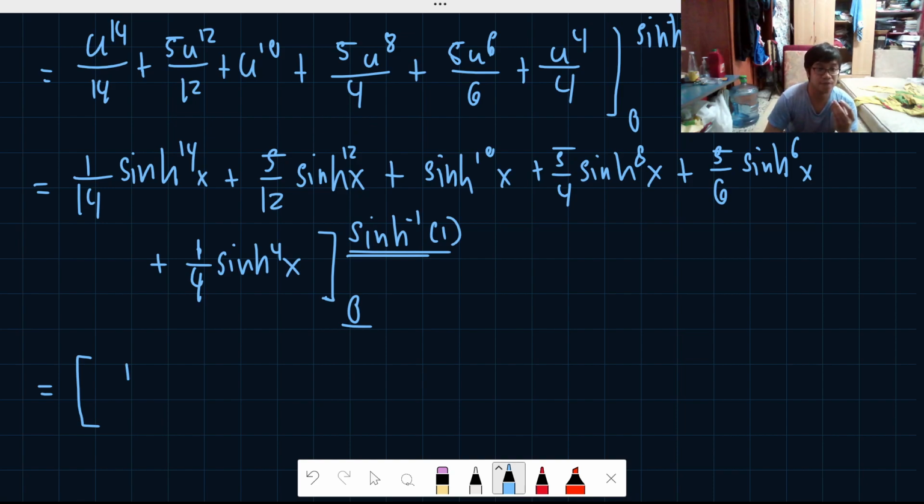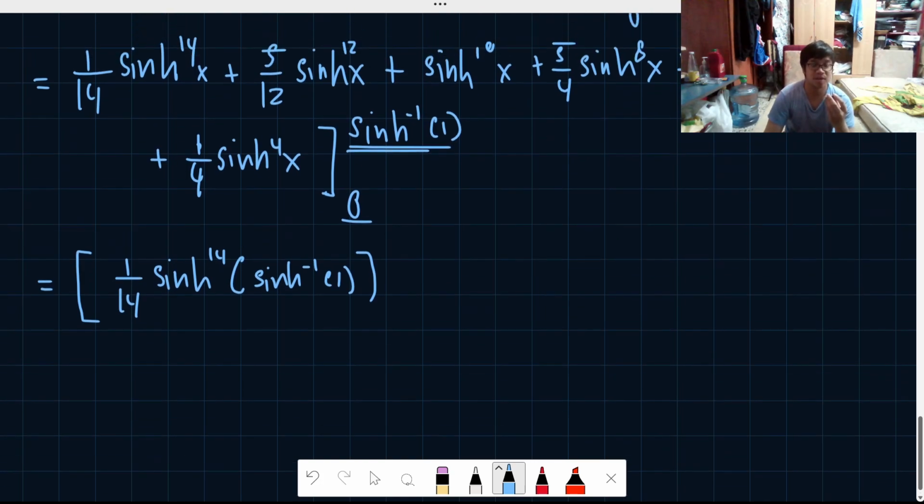So here we have 1 all over 14 times hyperbolic sine of inverse hyperbolic sine of 1, raised to 14.